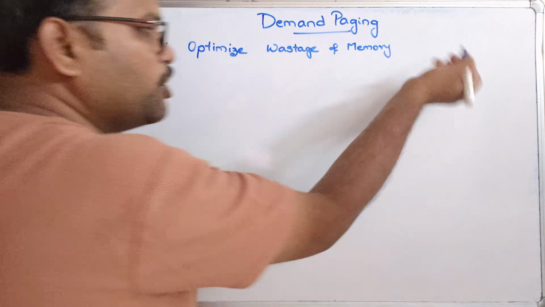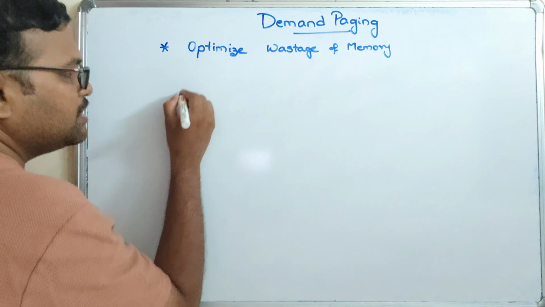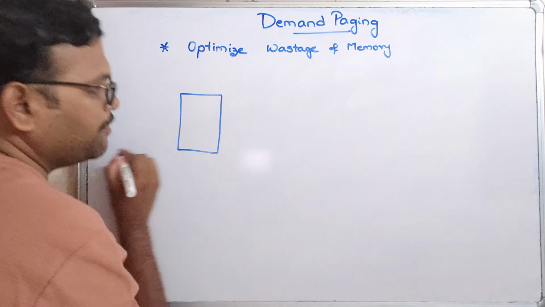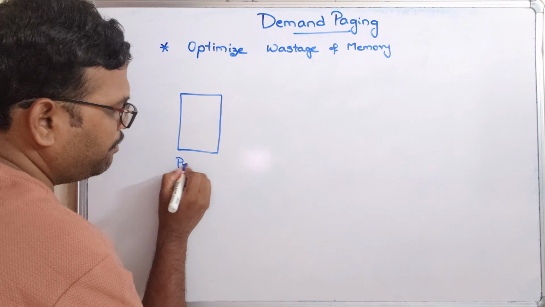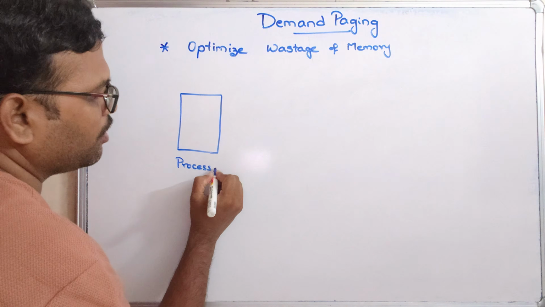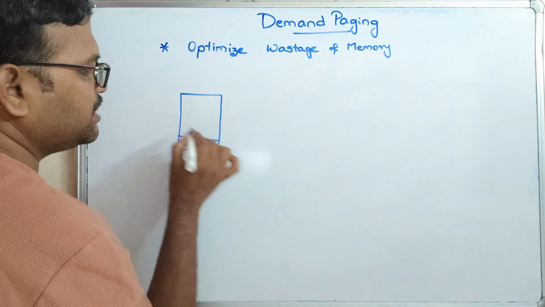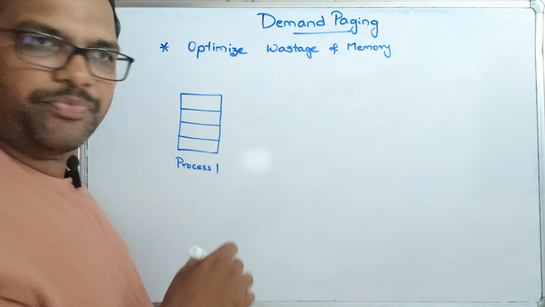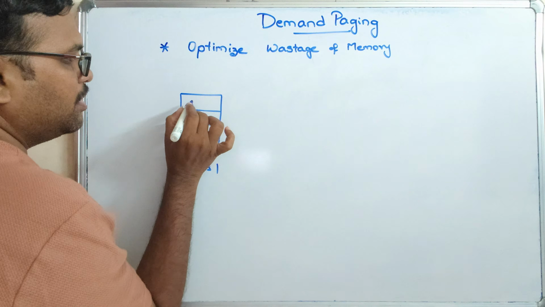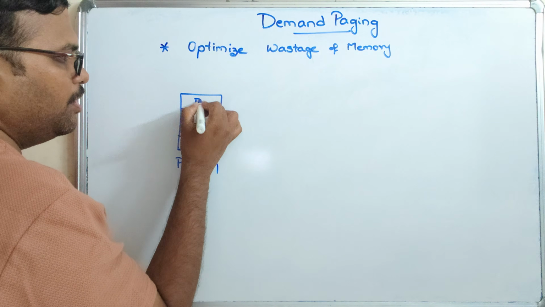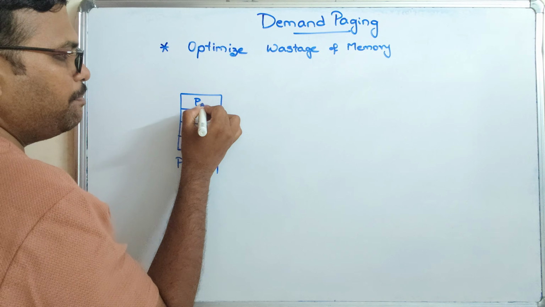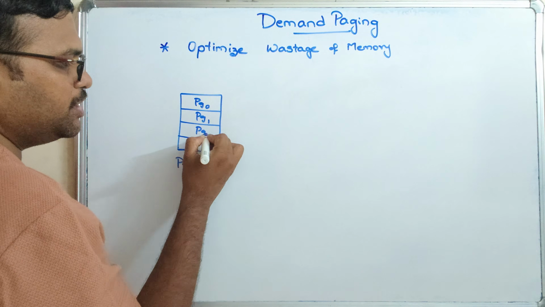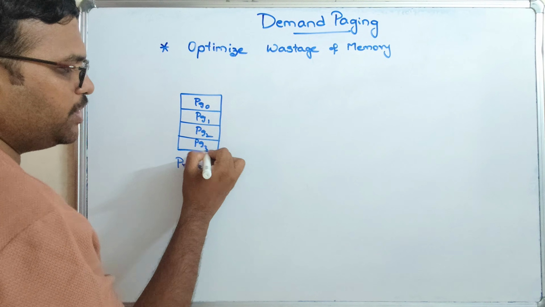Why? Because here you can see this is a logical address, for example. This is a process, process 1. For example, process 1 has 4 pages. Let them be page 0, page 1, page 2, page 3.